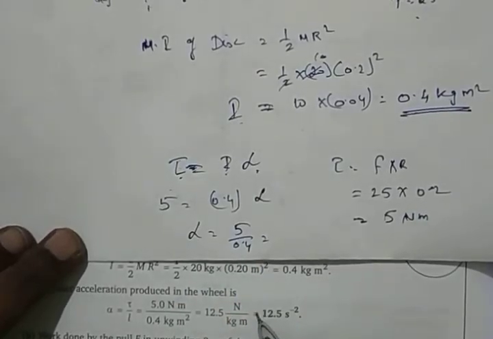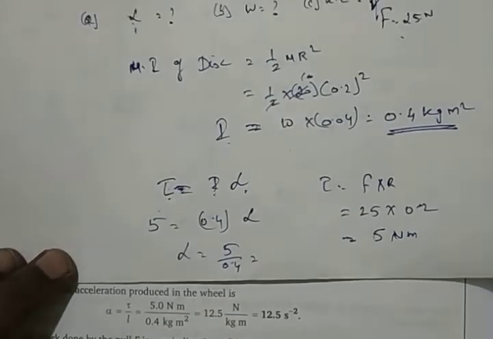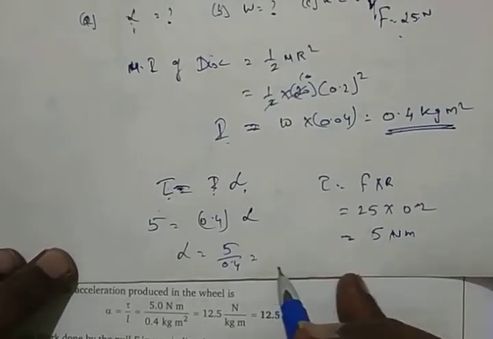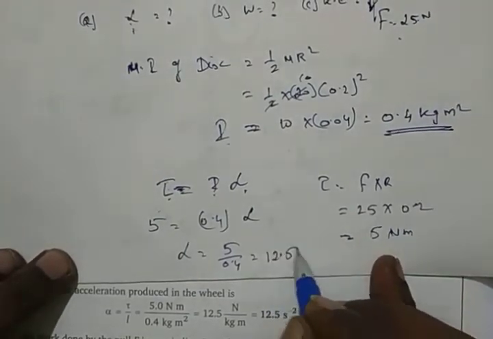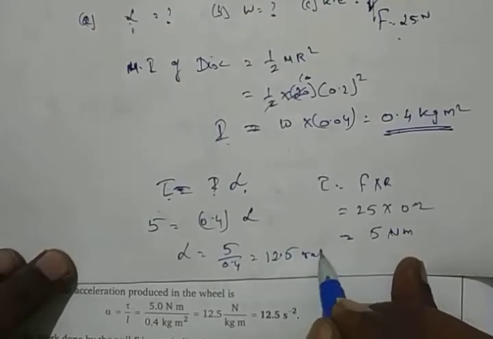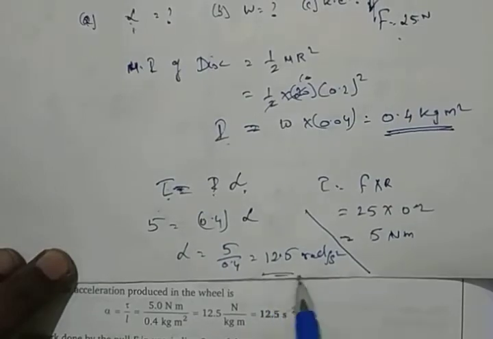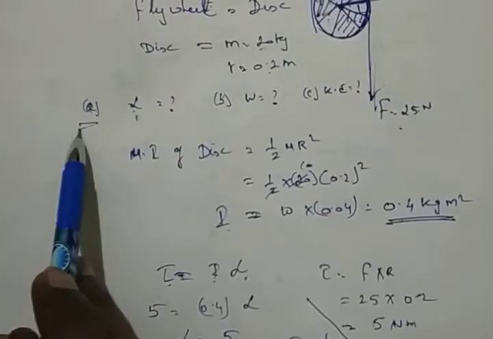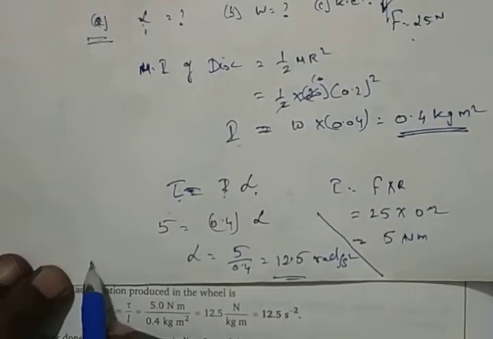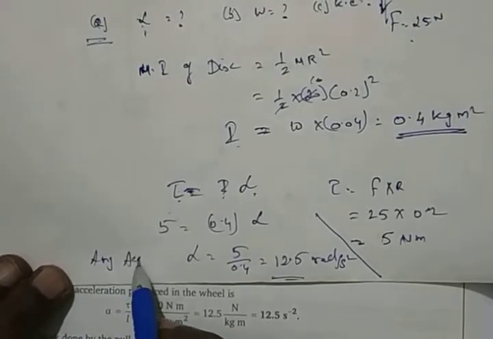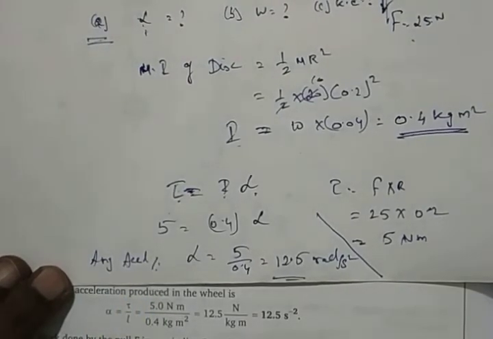So what's the answer here? It is 12.5 radians per second square. So that's what the alpha value is. So first part is over. First part, the angular acceleration, is over.